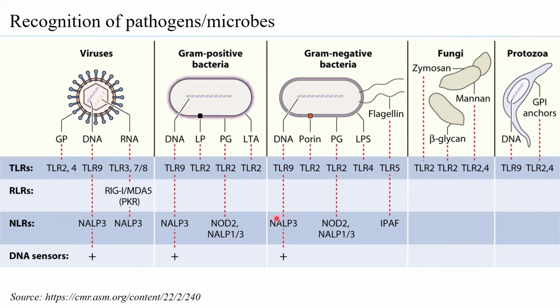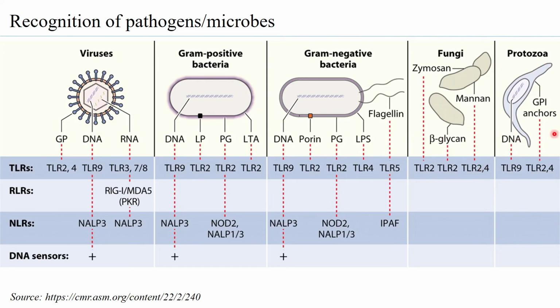All of these are able to interact and give rise to an inflammatory response. In gram-negative bacteria as well, you have DNA, porins, peptidoglycan, and lipopolysaccharide. These all are molecular patterns that are recognized by the toll-like receptors. Fungi and protozoa are also recognized by different toll-like receptors.